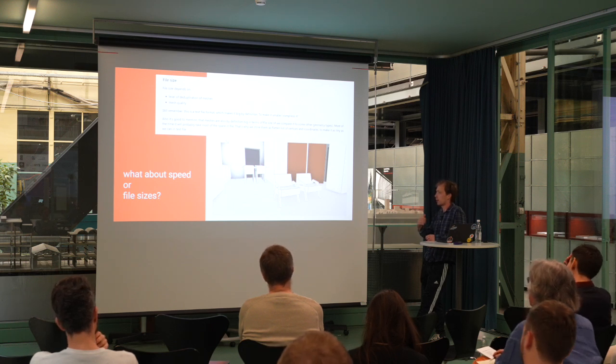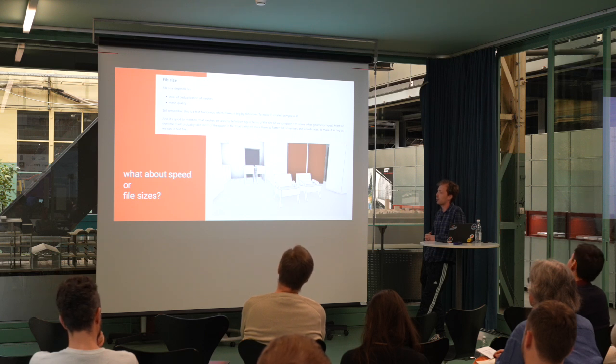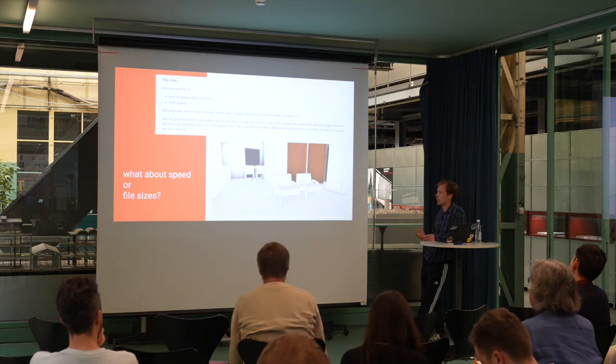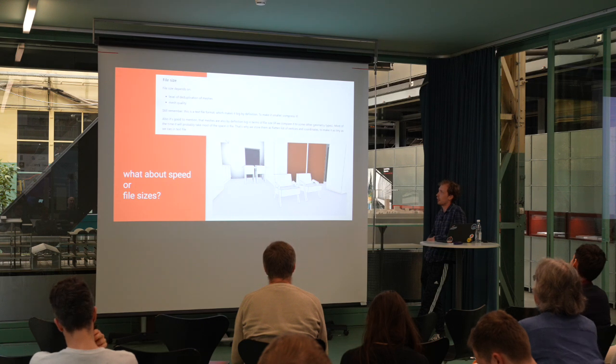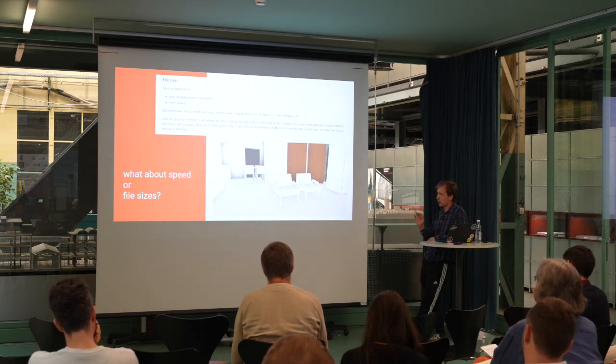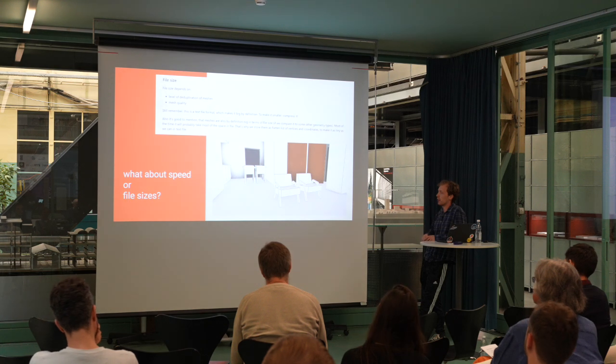And about the speed and file sizes, as I said before, the speed is actually really good. For instance, viewers can display dotbim models really fast because they already have these triangles, so they can just display them. Regarding file sizes, this is actually the challenge that dotbim has, because saving all of the triangles right there is not always the best way in terms of file size.